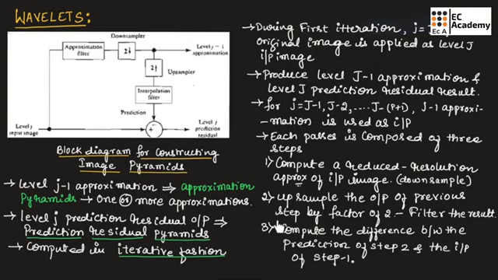So executing these steps P times produces 2 intermediate results related to the P+1 level approximation and prediction residual pyramid. The level j-1 approximation outputs are used to produce the approximation pyramid.